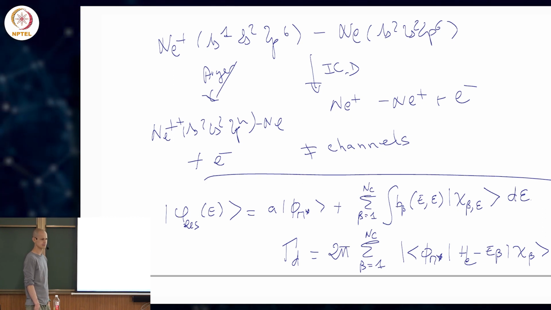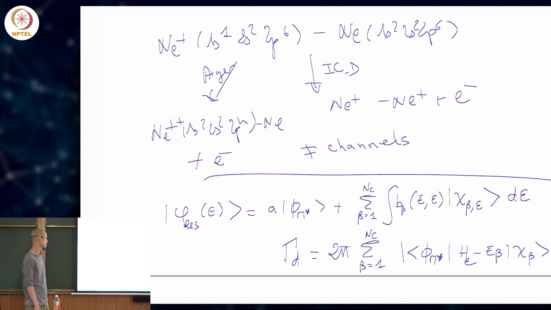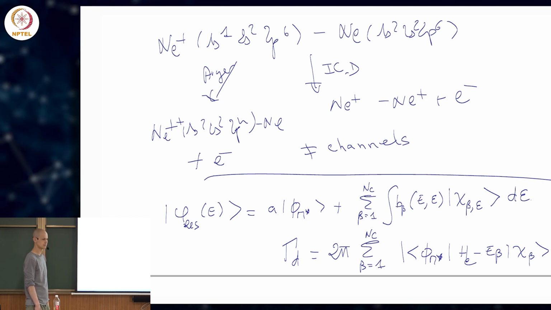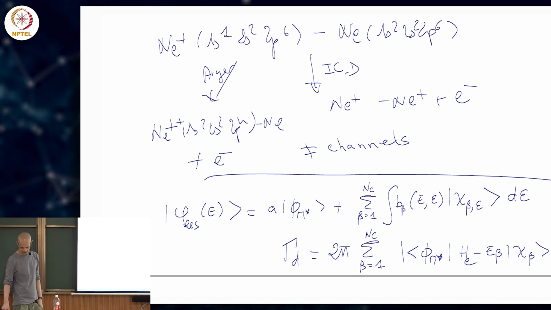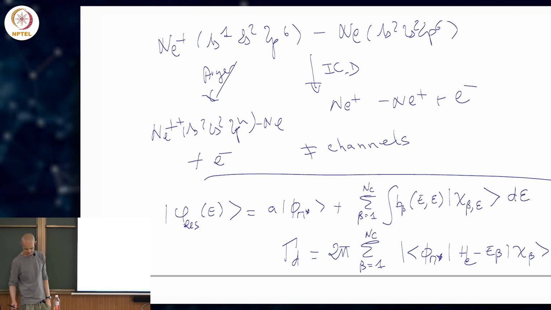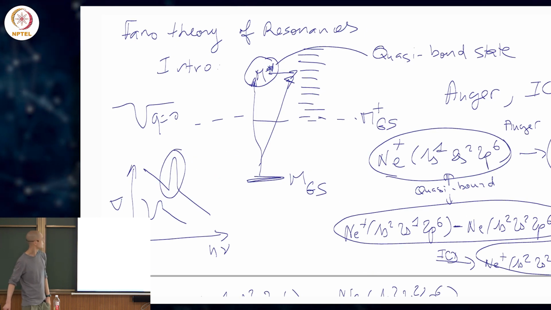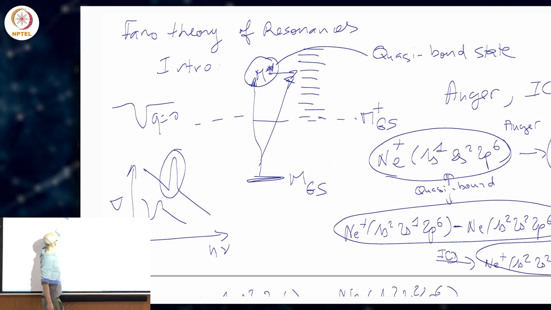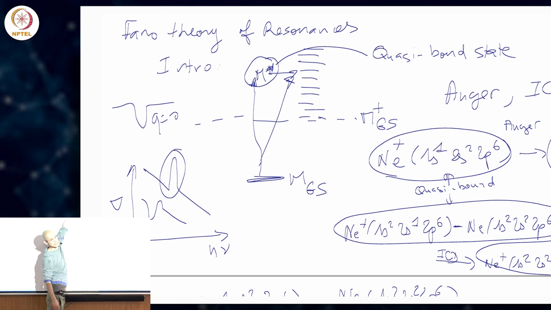Yes. What drives the channel to go to this channel in that Hamiltonian? You should have a laser. No, because you don't need the laser. They have the same energy. So the quasi-bound state would be the first part, and the chi would be this guy here.